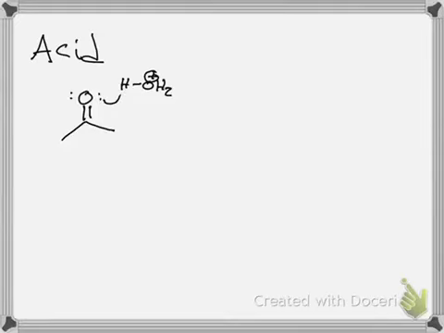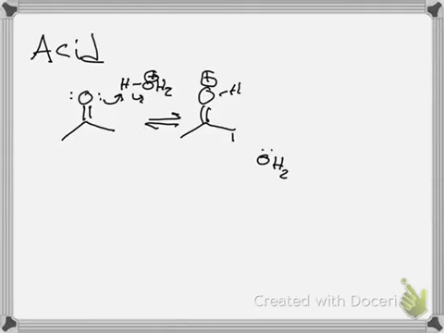Like you've seen 1,000 times before, the carbonyl oxygen grabs the proton off of the hydronium, fast and reversible step, and you are here. Now, the difference is, instead of a nucleophilic attack, now we would deprotonate this carbon alpha to the carbonyl.